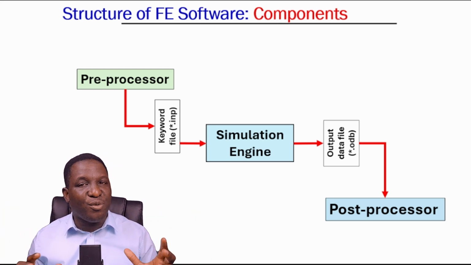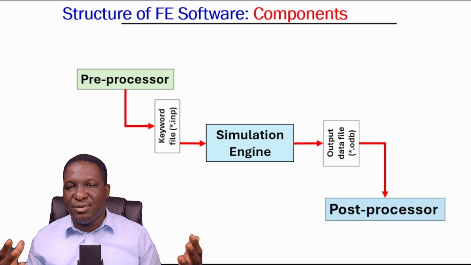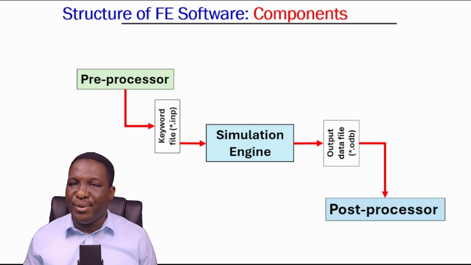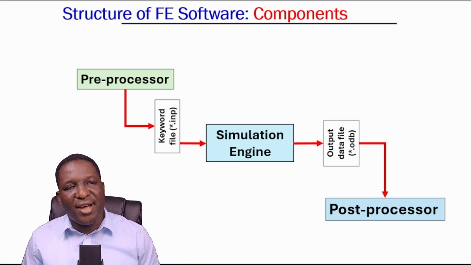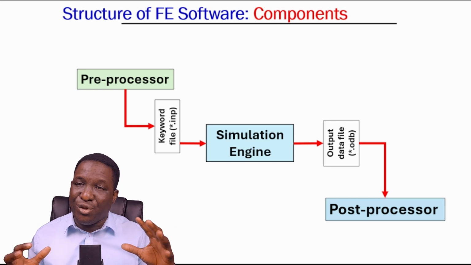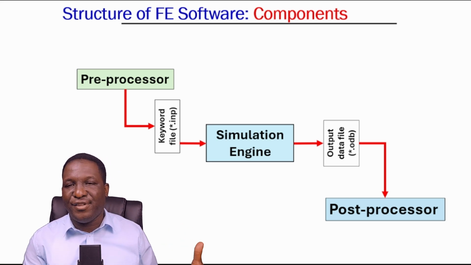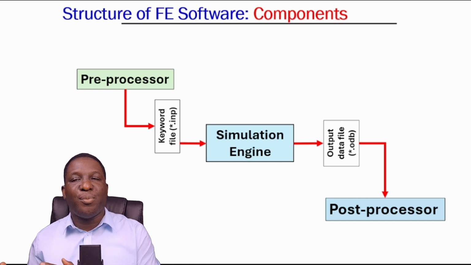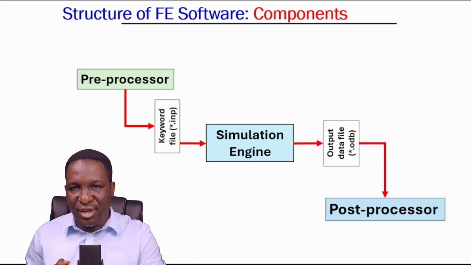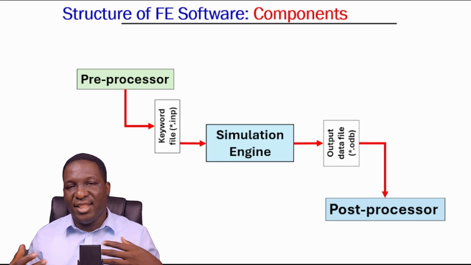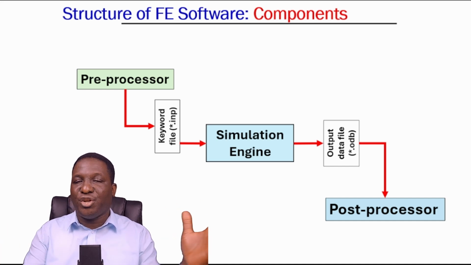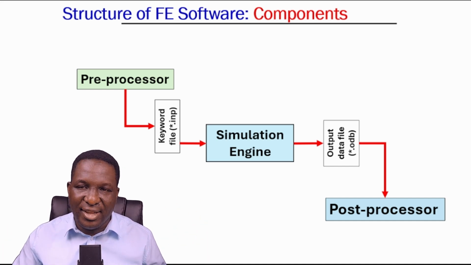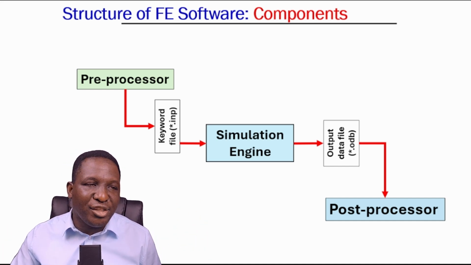It depends on the proprietary software that the company is developing, and in this case, that output file is usually a set of solutions from the solver. That output file is then passed on to the post-processor, and the post-processor will then crunch the numbers and show you the sort of results that you normally see from your simulation.